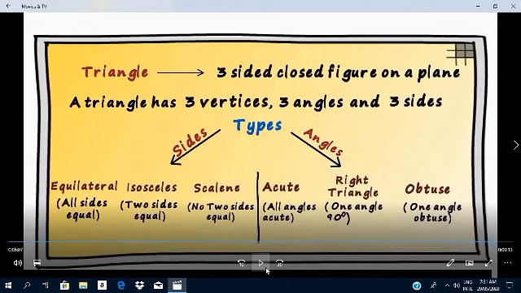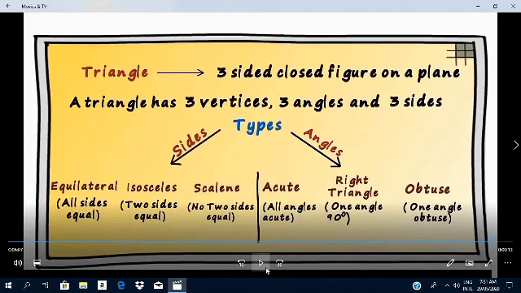These are all what we learned today. The summary: a triangle is a three-sided closed figure on a plane. The triangle has three vertices, three angles, and three sides. Now, types of triangle using the sides as identification. You have equilateral, all sides are equal. Isosceles, always two sides are equal. Scalene, no sides are equal.